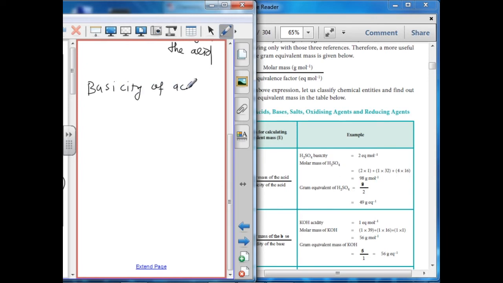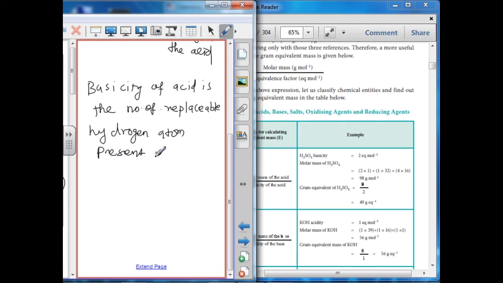Basicity of acid is the number of replaceable hydrogen atoms present in a molecule of the acid.